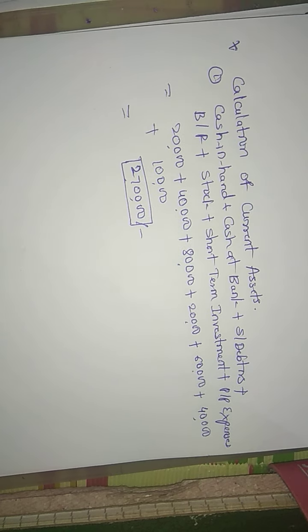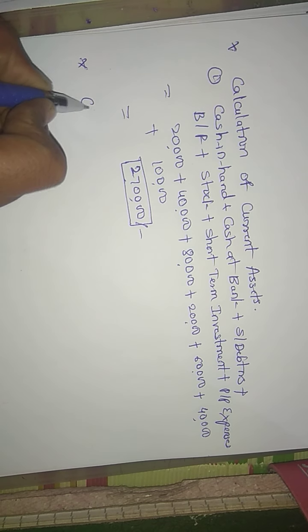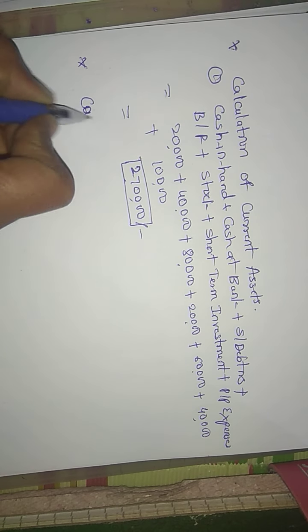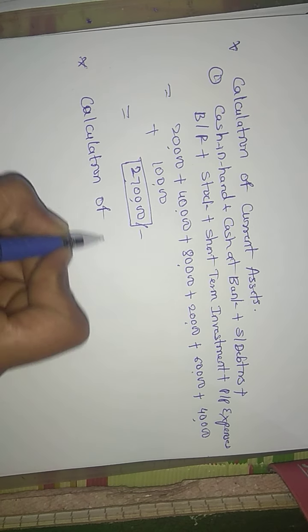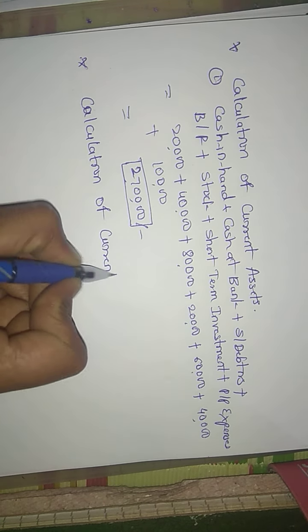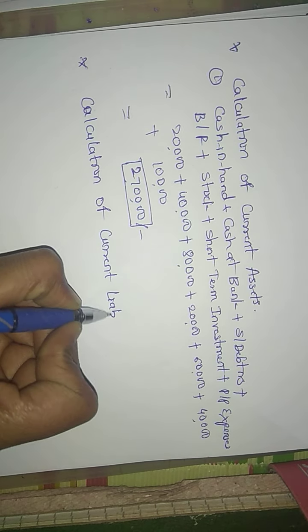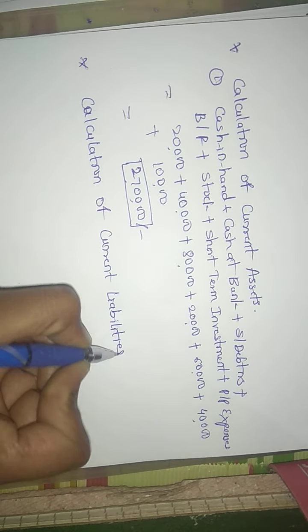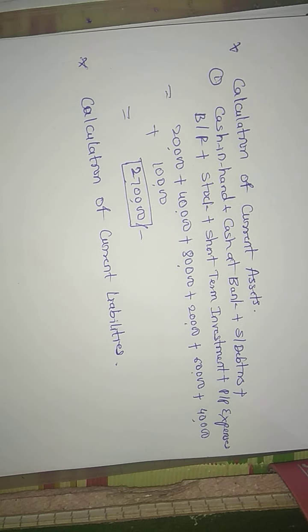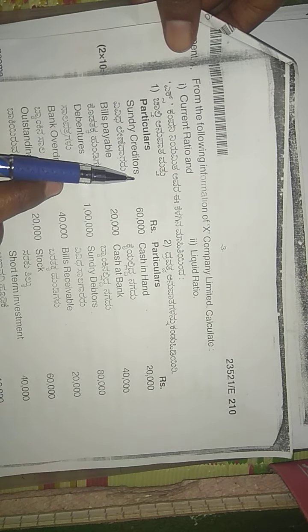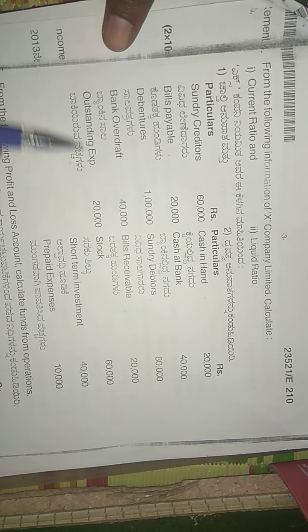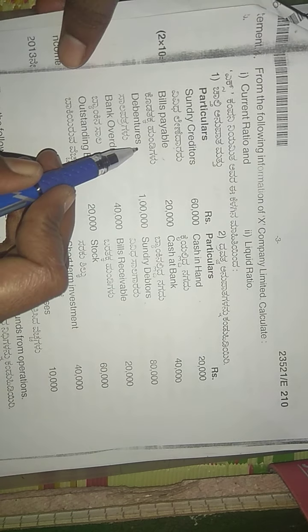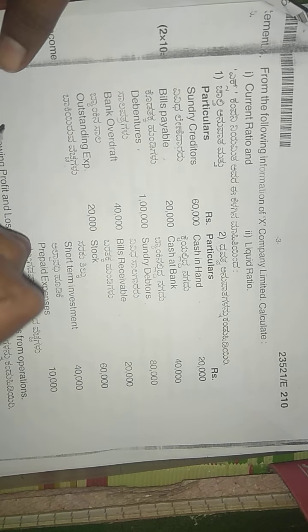Then next we calculate current liabilities. Then what are the items of current liabilities? See in the question paper: sundry creditors, bills payable, bank overdraft, and outstanding expenses. Okay, debenture is a long term liability, it is not a current liability.